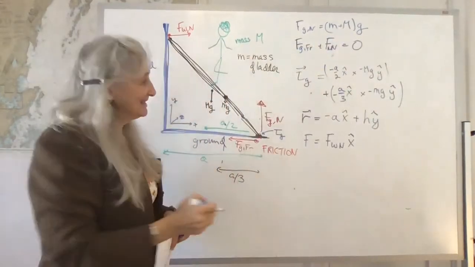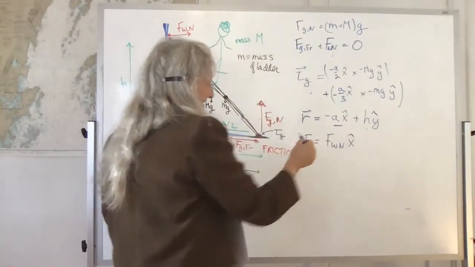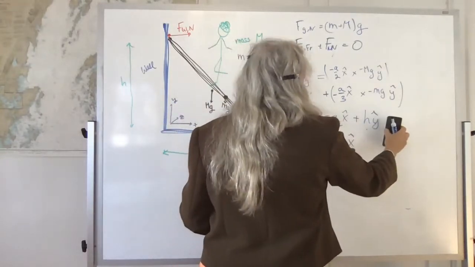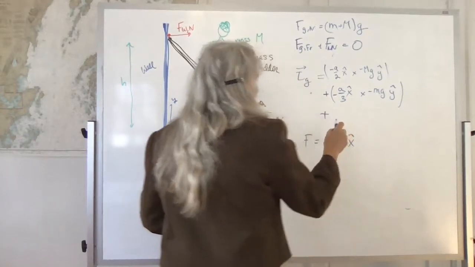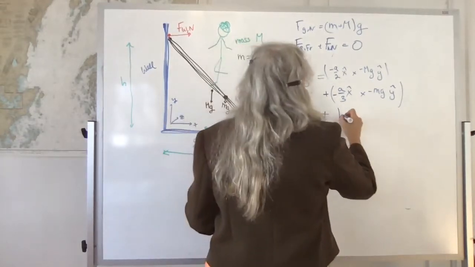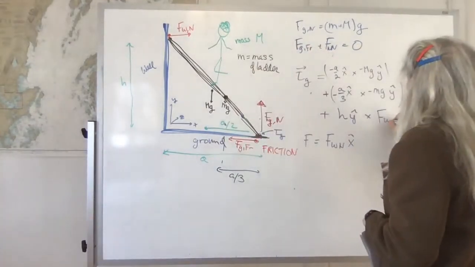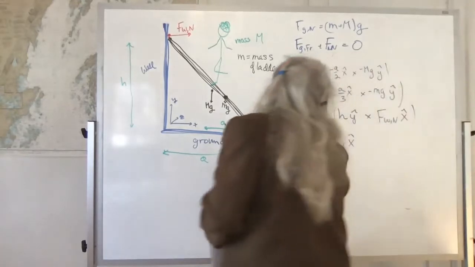In this case, we don't care about this, but we do care about that. So we can ignore this, and I add in h y hat cross F wall N x hat.